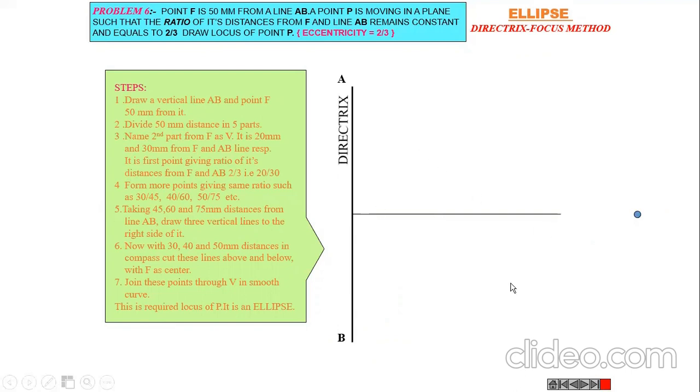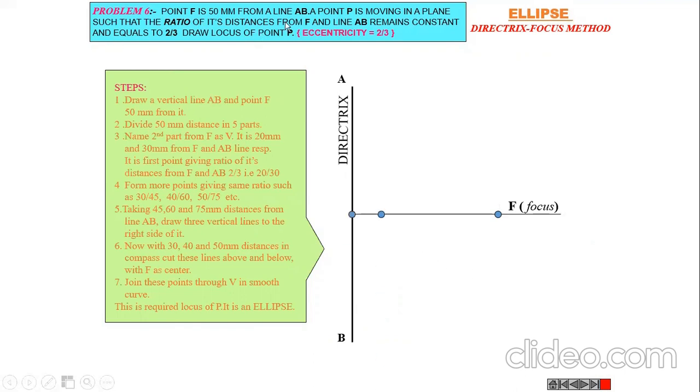This is the directrix and this is a horizontal line. Then mark here F point. F means focus point. The distance of the focus point is given, that is F is 50 mm from line AB.